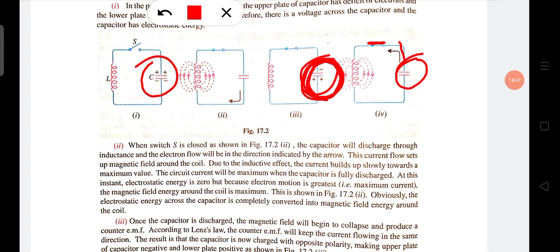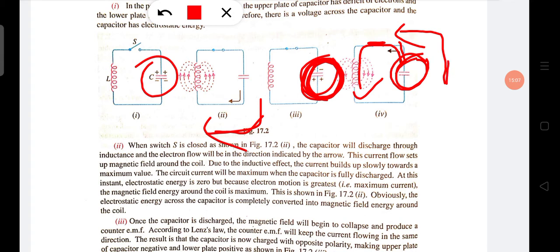When the capacitor discharges, a current flows through the inductor, and at that time the current flows in the opposite direction of the first current. The first current flows in this direction, here this direction.